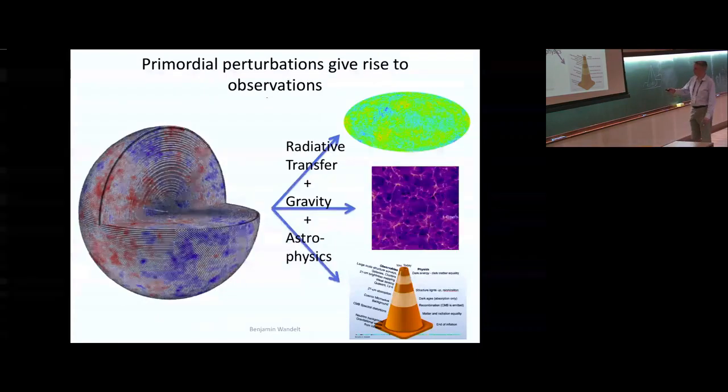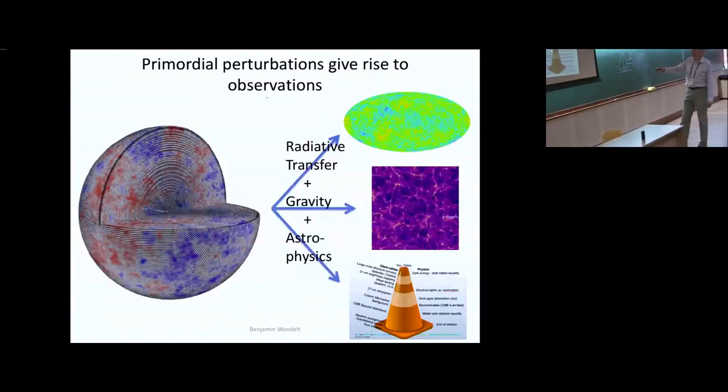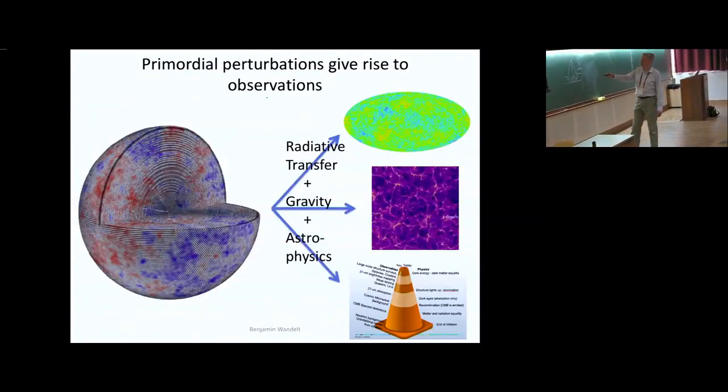This is my cosmic cone, where we are here and today, and all these various observables along the light cone, and on the other side, some of the milestones in the evolution of the universe, from the end of inflation until dark energy domination today.